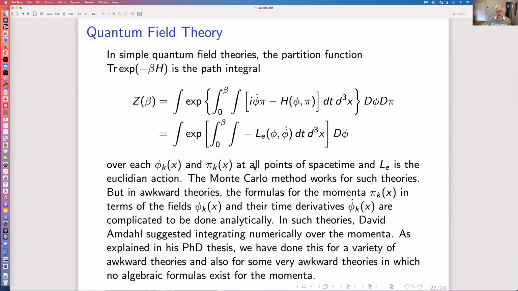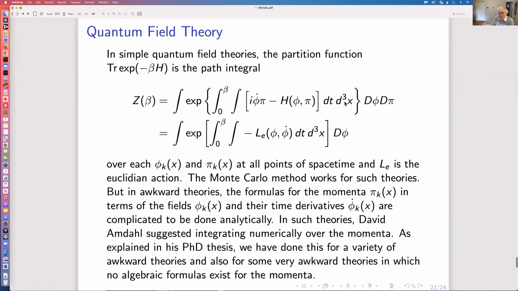In quantum field theories, the partition function, e to the minus beta H, beta being 1 over kT, is a path integral. In simple quantum field theories, it takes this form. And in the simple case, H is just quadratic in pi, and so this is a Gaussian integral over pi.